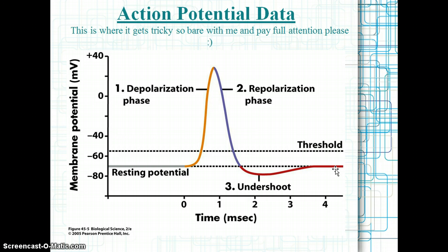Then the sodium-potassium pump kicks in and restores the original concentrations, so the cell is hyperpolarized and cannot fire another action potential, which leads to the refractory period. That takes place in the undershoot as well. The refractory period takes it back to the resting potential, and that brings the whole cycle all over again with action potential.